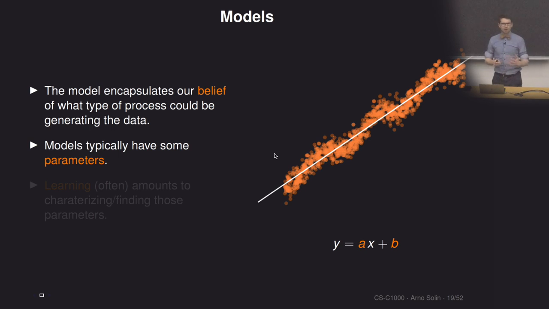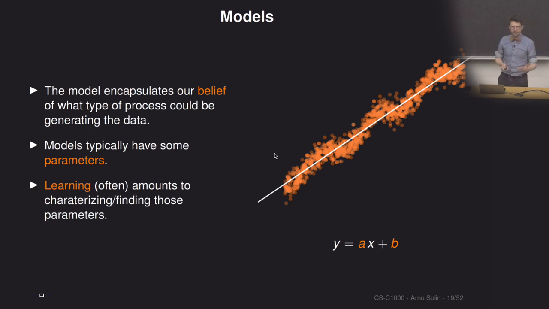And earlier I talked about learning or training. And to simplify, learning really means finding values for A and B so that they make the model fit the training data. So learning is basically just searching for parameter values that explain the training data.